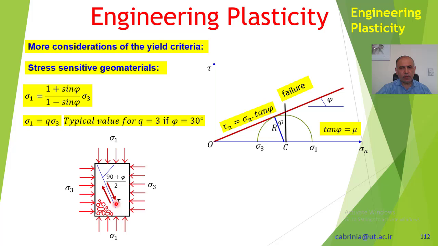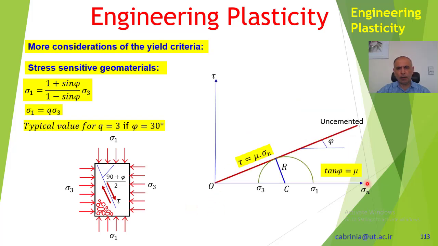Okay, so that's the mechanism of using this stress sensitive geometry, using the yield criteria for this kind of materials. In here I have shown this again, but I have written here uncemented.